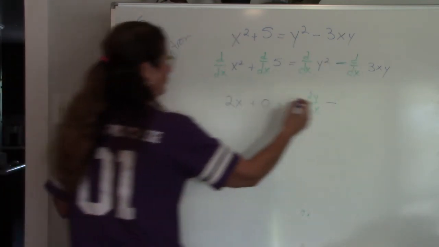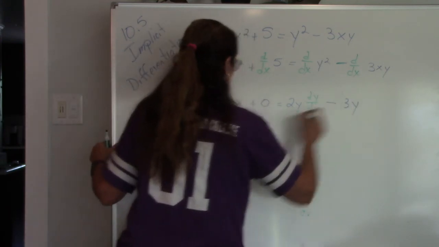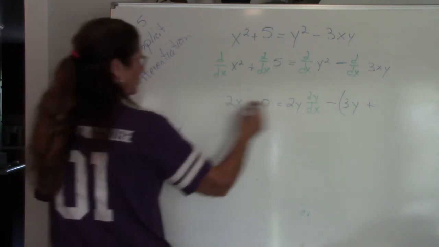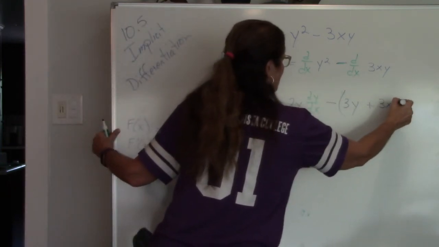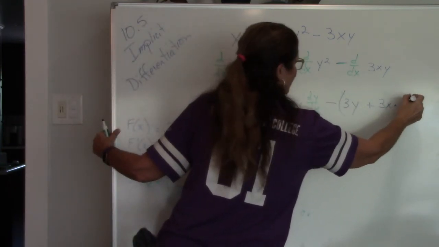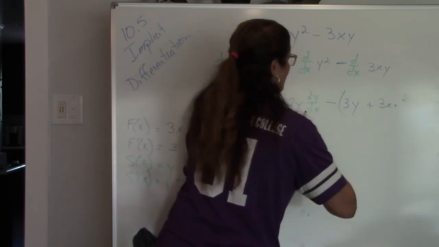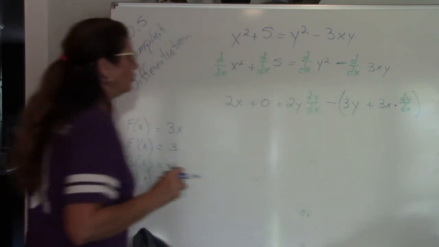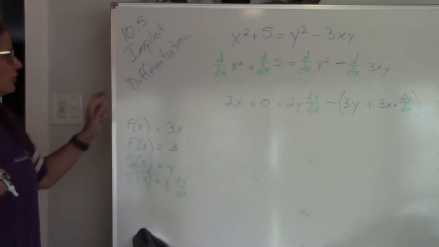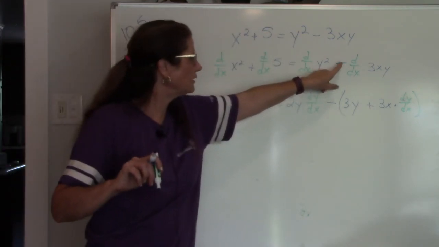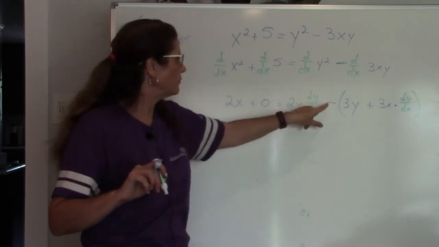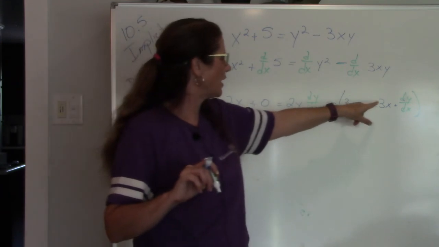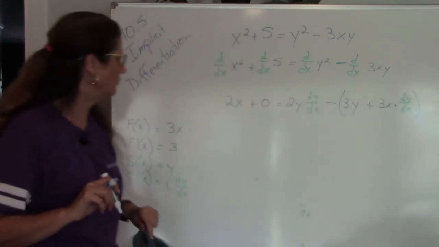The derivative of the first times the second plus the first times the derivative of the second, which is 1 dy dx. Now, notice I put it in parentheses. The reason is because I'm subtracting that whole thing off. So derivative of the first times the second plus the first times the derivative of the second.